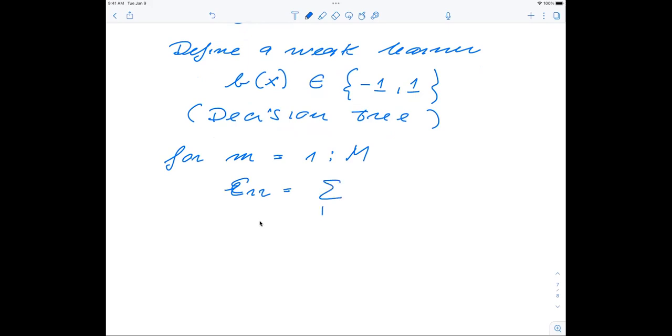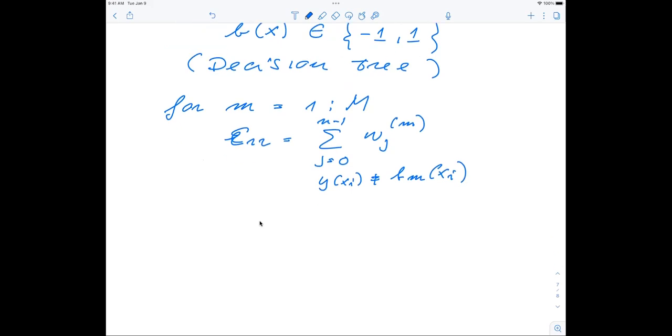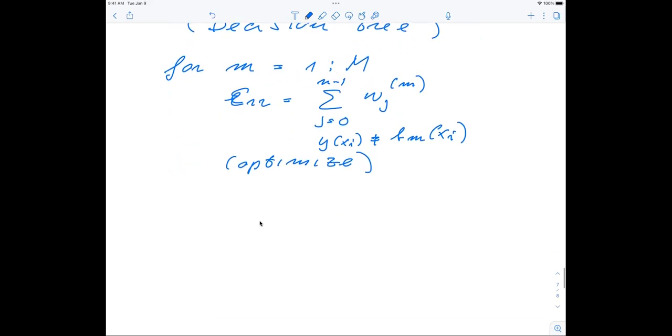We would have a sum over j equals 0 to n minus 1 of our wj as a function of m, for the case where y of xi is different from bm of xi. So we first calculate this quantity, and we optimize that one. So we minimize the error. That's the first optimization part. So here we optimize, and we call this the weak error.